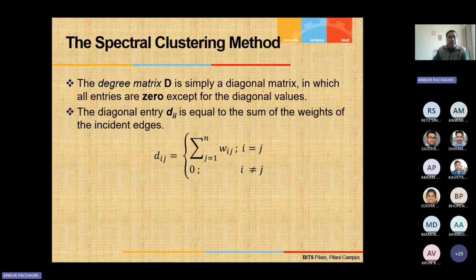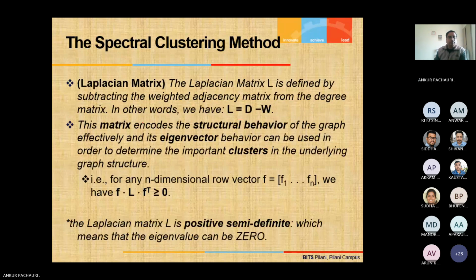The degree matrix is simply a diagonal matrix in which all entries are 0 except the diagonal values. The diagonal entries dii are equal to the sum of the weights of all the incident edges. The Laplacian matrix L is defined by subtracting the weighted adjacency matrix from the degree matrix.